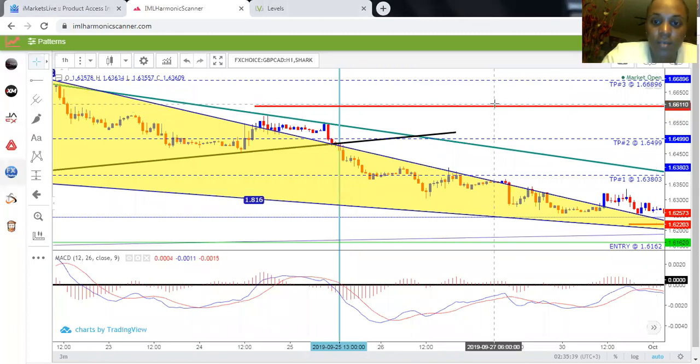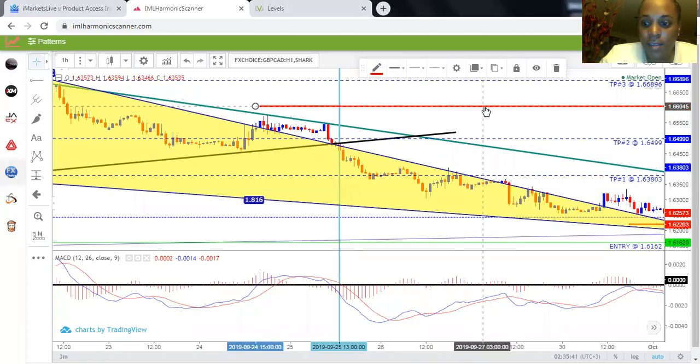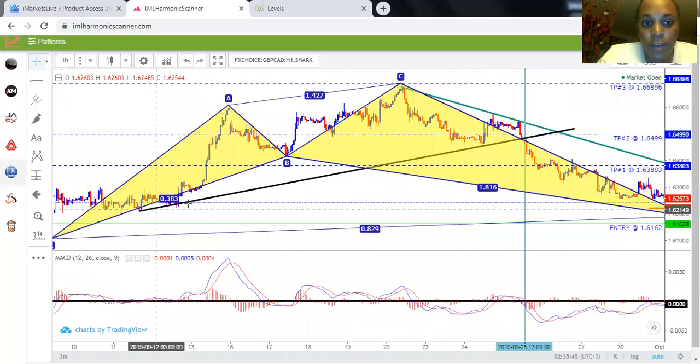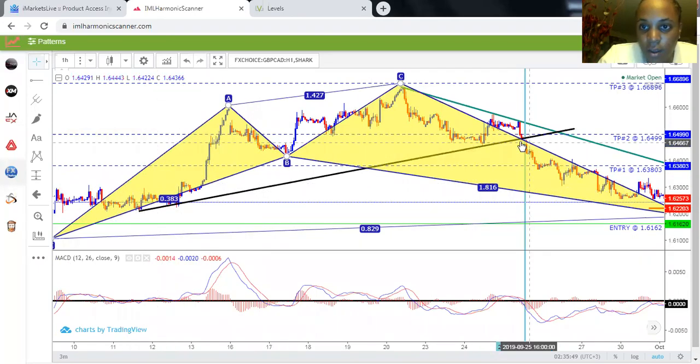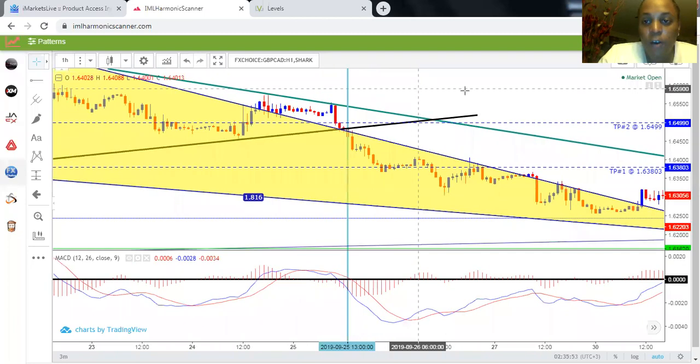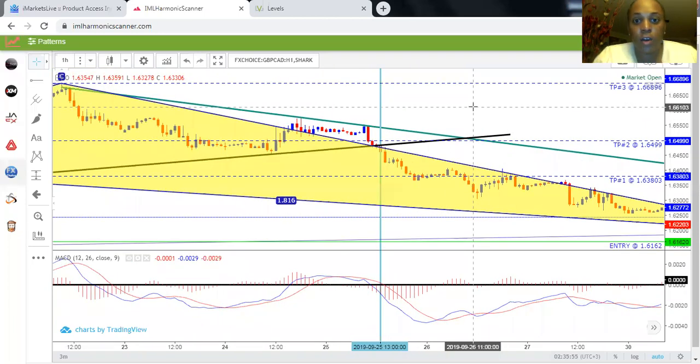So let's do this again. I'm going to do this one last time. Let's say that we were looking for this sell. We've identified the uptrend here, and we're selling on 2 confirmations.